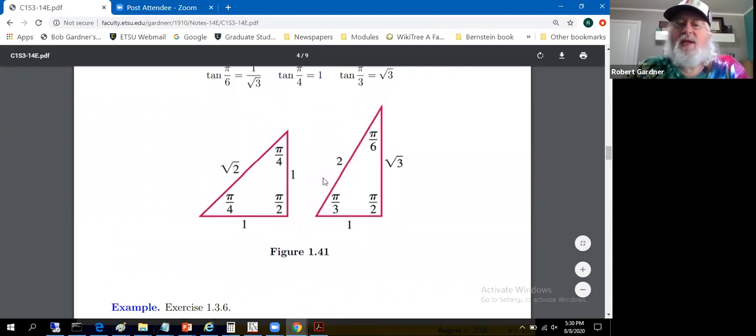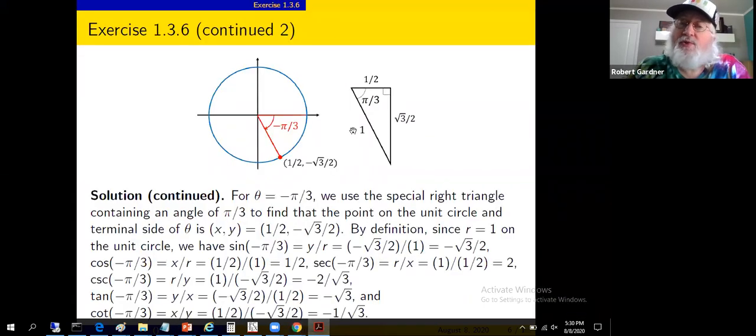This triangle, take this triangle, divide each of the lengths of the sides by 2. Why 2? To get a hypotenuse of 1. We'll get a 1/2 here, a square root of 3 over 2 here, and a 2 over 2, a 1 here. So take that triangle, scale it. That'll produce this triangle. I've drawn it in a different orientation to make it look like it'd fit right in here.